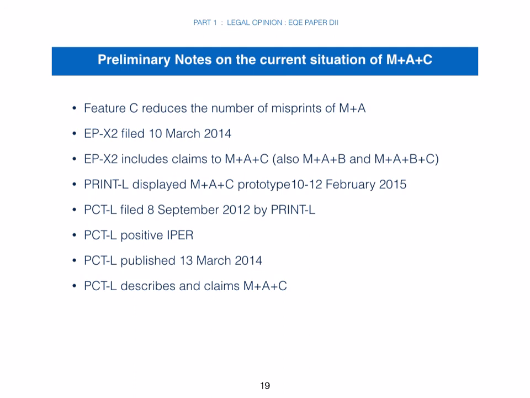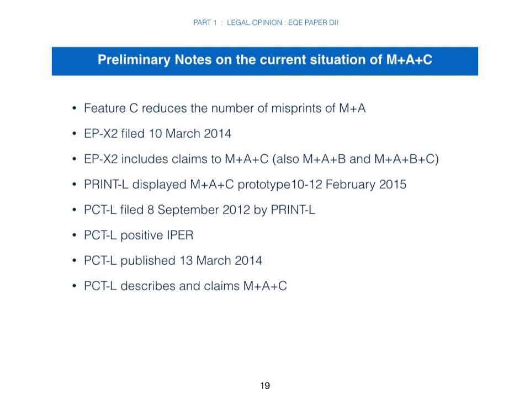I think we jumped over that one. PCTL was filed 8th of September 2012 by Print L. PCTL had a positive International Preliminary Examination Report. It was published 13th March 2014 and it describes and claims M plus A plus C.